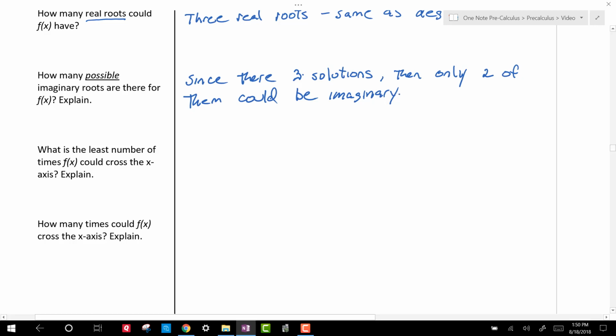Okay? What is the least number of times f of x could cross the x-axis? It could cross the x-axis only once. How do I know that?